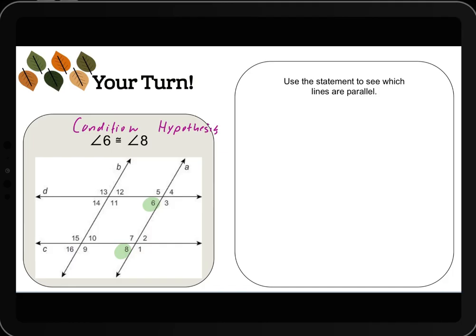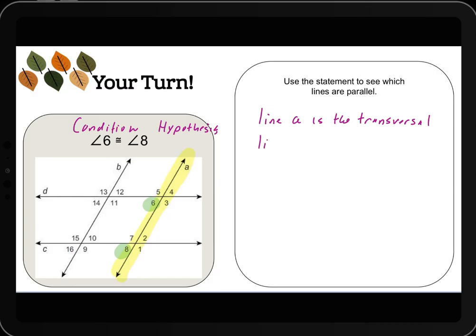So the first thing we want to address is what line is the transversal, and the reason we want to address that first is because we want to know what lines we are going to assert are parallel. So line A is the transversal. The question you have to ask is, what two lines does line A intersect?